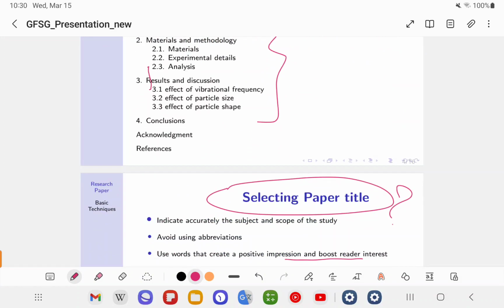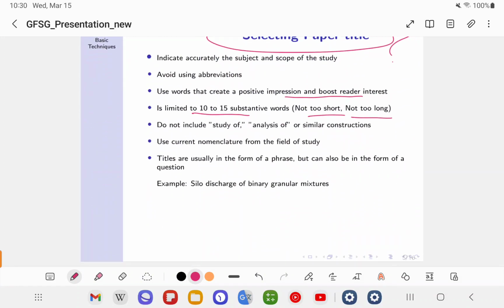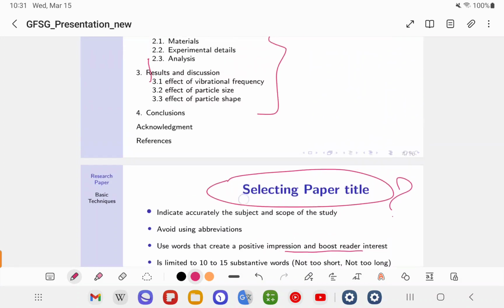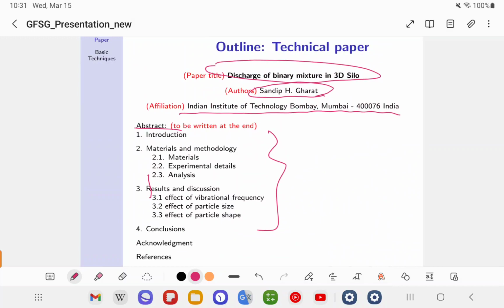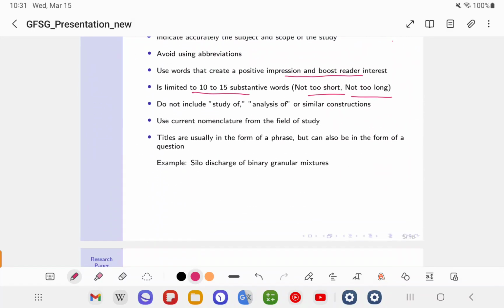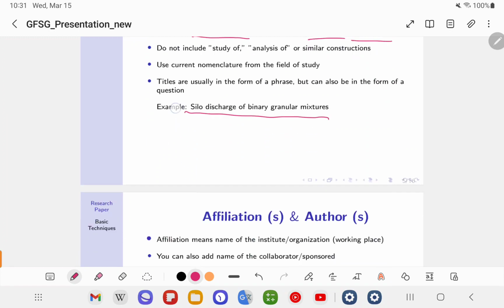So rather avoid such kinds of words. The title should exactly match the study you have carried out. Another title similar to the one I have mentioned is, you can see, silo discharge of binary granular mixtures. So these are some examples.